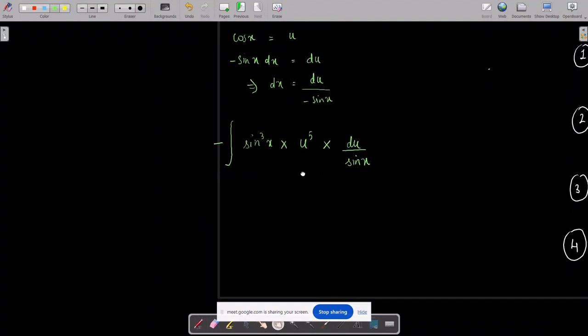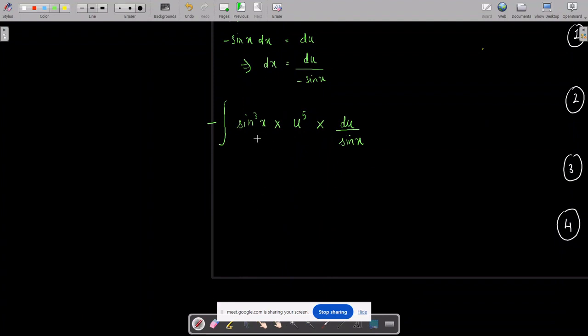And wouldn't the sine x cancel, and that would be sine squared x times u to the fifth? Exactly. So this gets cancelled and this becomes 2. So we get negative sine square x times u to the power 5 du.